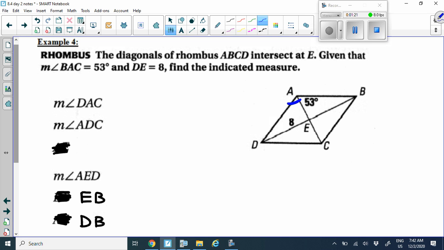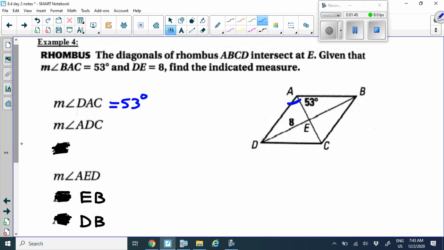Remember, bisect means it cuts into 2 equal parts. So we know that measure of angle BAC is going to be 53 degrees. Then we definitely know that DAC is also 53 degrees because they were bisected, meaning that they were cut into 2 equal halves, so they should be exactly the same, okay?